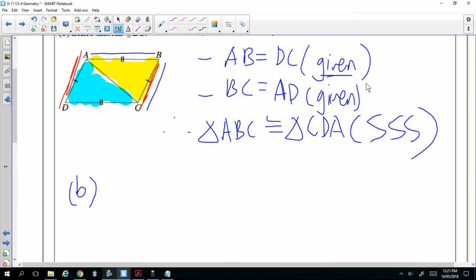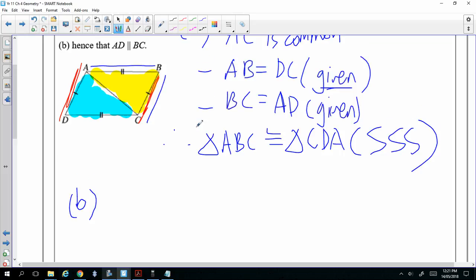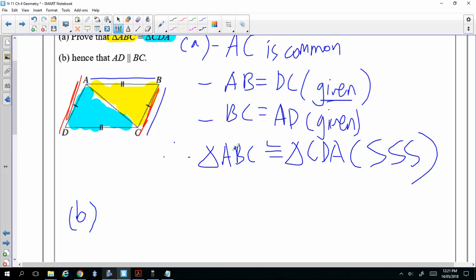Okay, let's find the alternate angles on this diagram. Where's the alternate angles? Which 2 are alternate for the 2 red lines? Yep, DAC and BCA. So angle DAC is equal to angle ACB, but you have to give a reason.